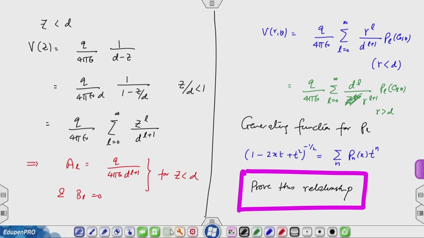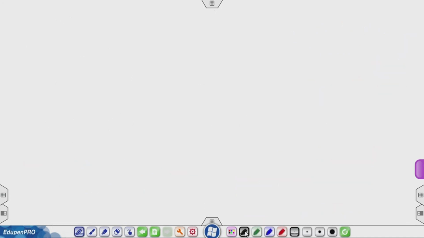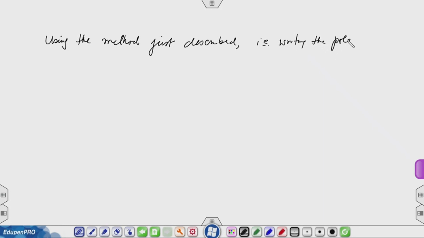Finally, I'd like you to solve this problem using the method just described, that is, writing the potential on the z-axis.